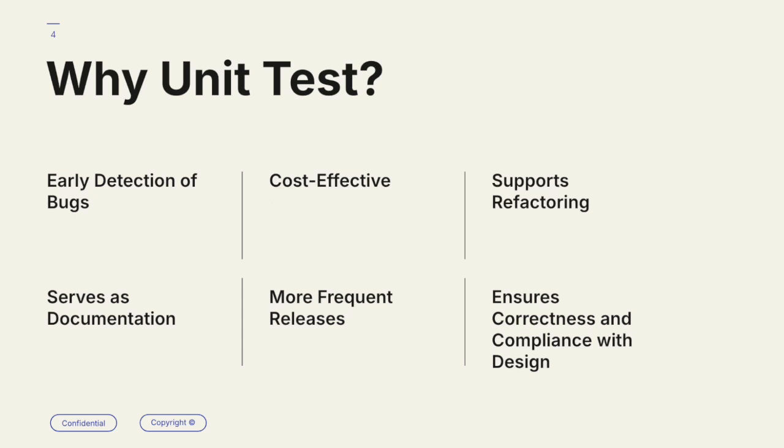Another huge benefit of unit testing is that it enables faster iteration and more frequent releases. Because unit tests test individual components in isolation, developers can identify and address issues in those specific components quickly. This leads to faster development cycles and ultimately allows you to release more frequently with higher confidence that the changes won't break anything.